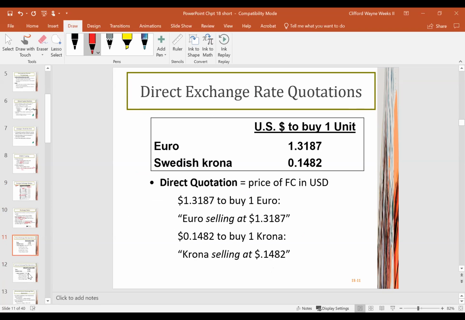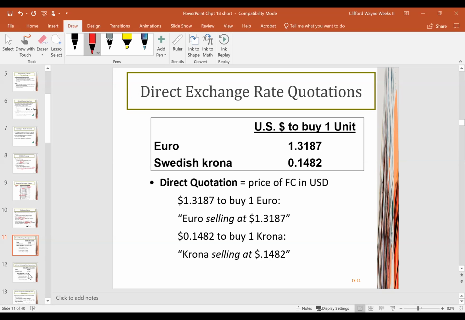So if we're trying to do the euro, the number of US dollars to buy 1 euro would be $1.32 with rounding. With a Swedish krona, it'd be 14 or 15 cents to buy 1 krona.